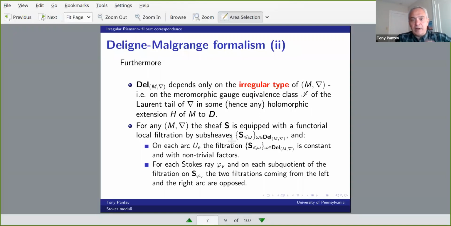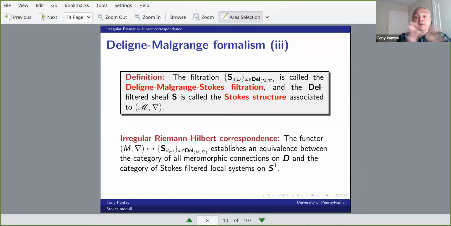Anyway, so let me wrap this up. This filtration labeled by this constructible sheaf is the Deligne-Malgrange-Stokes filtration, and it is called the Stokes structure associated with (M, ∇). And the irregular Riemann-Hilbert correspondence in this setting says that the functor that associates to a connection this filtered local system, filtered by steps that are labeled by a constructible sheaf which depends on the connection, is an equivalence of categories.